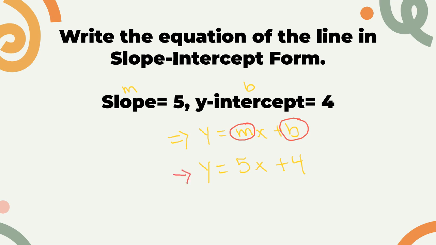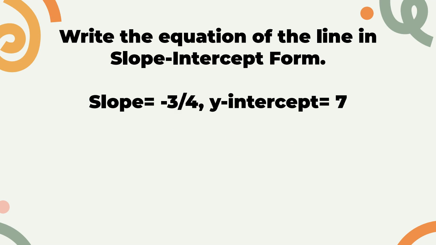And another example, write the equation of the line in slope-intercept form, and we are told that the slope, which is m or b? M, is negative 3 over 4, and our y-intercept is 7, and y-intercept would be b. So we have our slope-intercept form of y equals mx plus b. What would the equation of our line be?